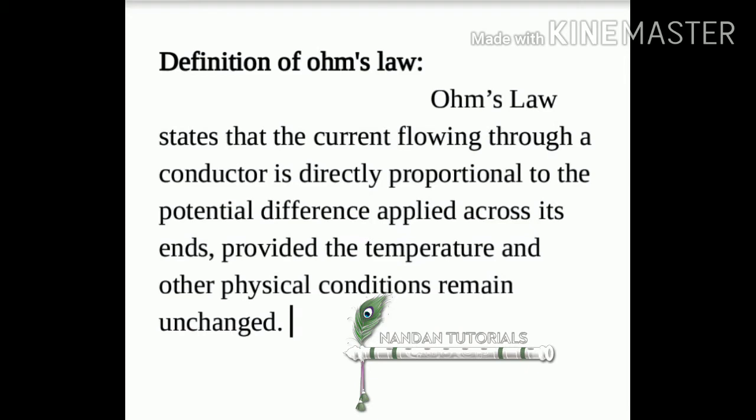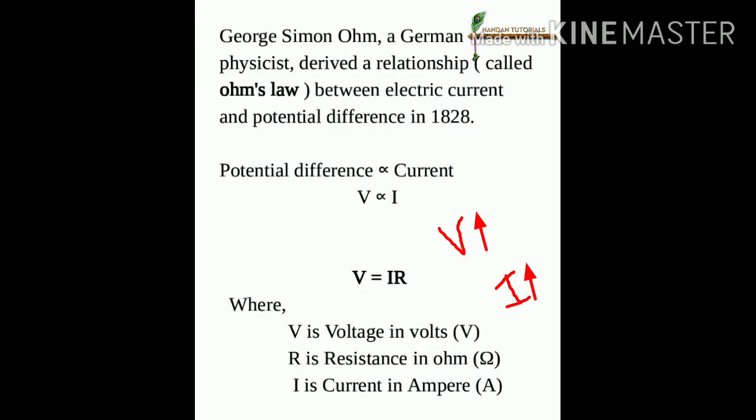Coming to the definition, Ohm's law states that within a given conductor, the current flowing is directly proportional to the voltage. Voltage means the potential difference between the ends of the conductor, means V is directly proportional to I, and the relationship between the current and voltage is derived by Georg Simon Ohm in 1828.